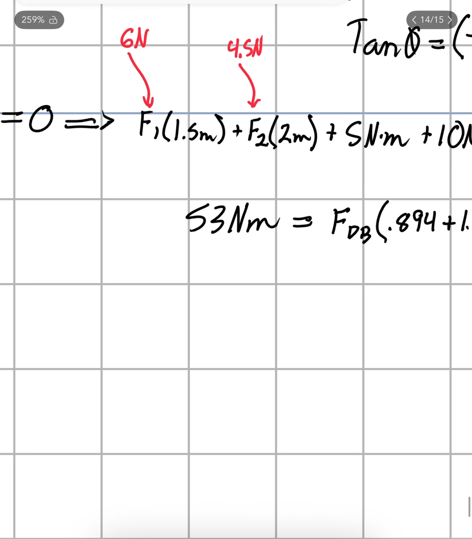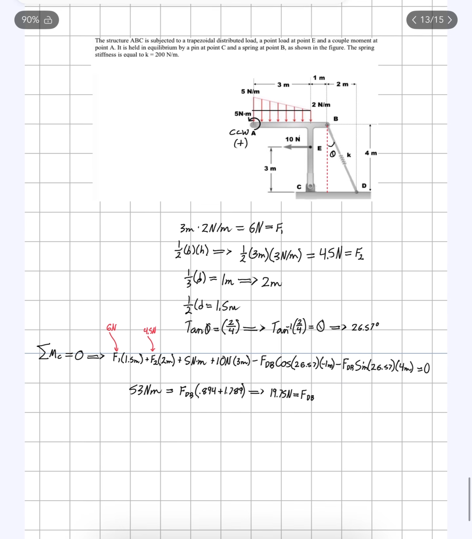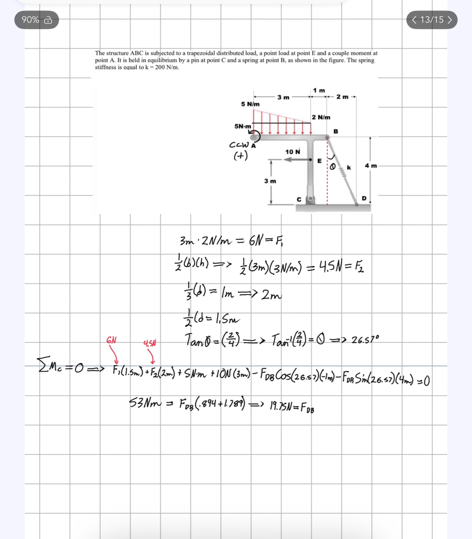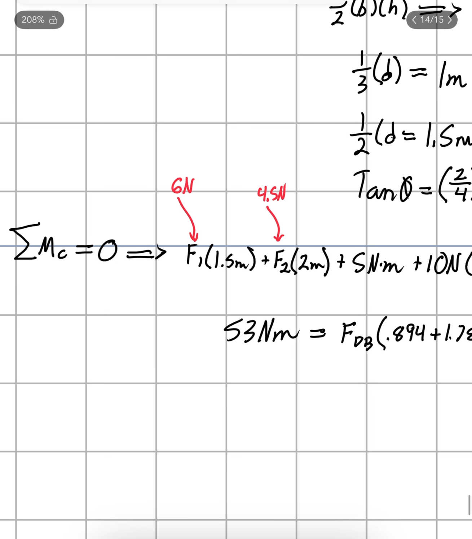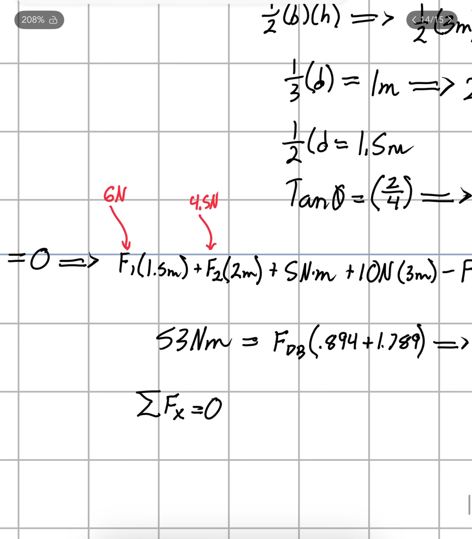The next thing we can do to find the forces about point C is sum each of the forces. So first we will find the sum of forces in the x direction, which should equal 0.